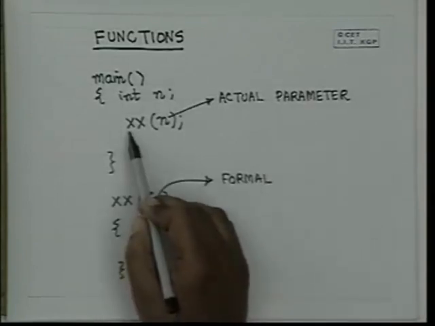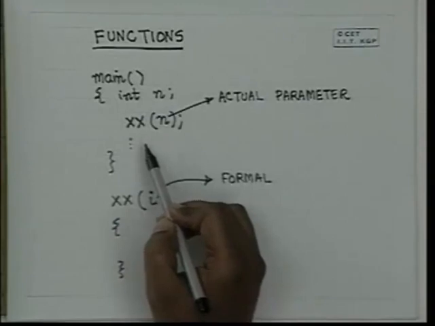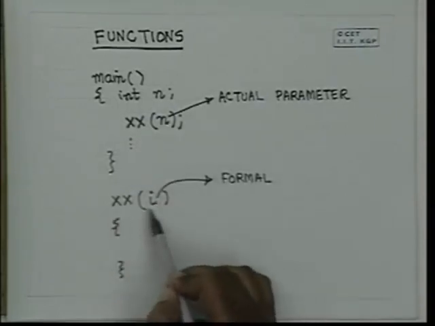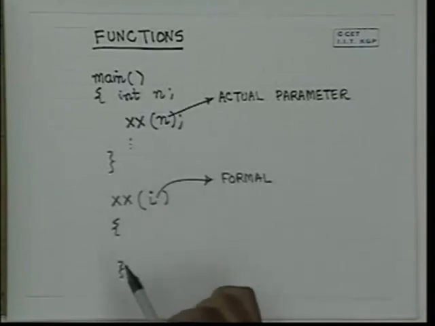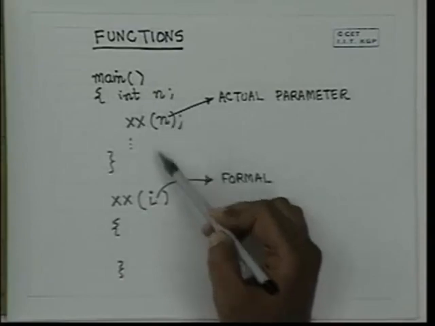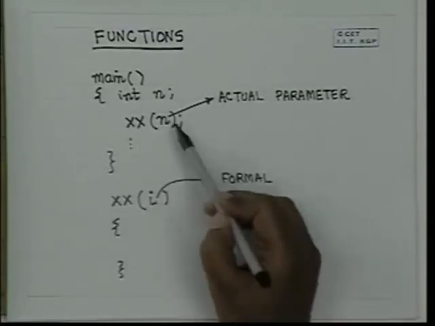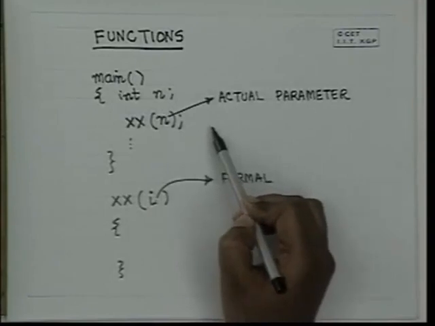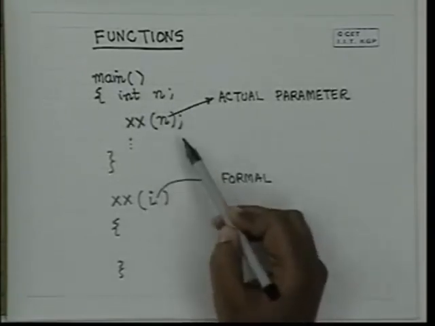Because this xx may be called many times with different actual arguments, and this is the formal parameter wherever the function itself is declared. The type of the two must match. If the types do not match, there will be problems. Obviously you can have more than one parameter, and here also you must have the same number of parameters. You cannot have less or more, and their types should match in a one-to-one fashion.